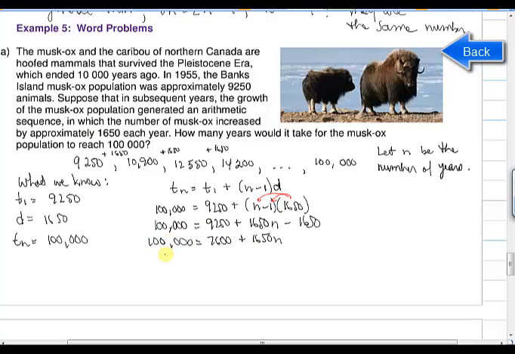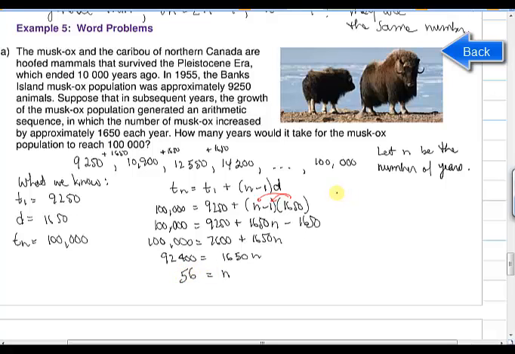It becomes negative, and so 100,000 minus 7,600 leaves us with 92,400. And that's equal to 1650n. We want to divide both sides by 1650, and we get 56.